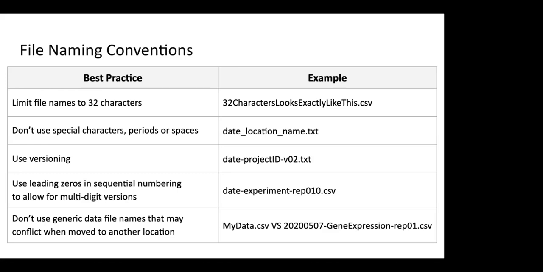The example in the last box of the table is good because the date is listed first and is in ISO 8601 standard: year, month, day. The name contains some information about the file, and the file can then be sorted meaningfully. Files may be sorted by date or by the gene expression experiments, and then by the sequential repetition number.